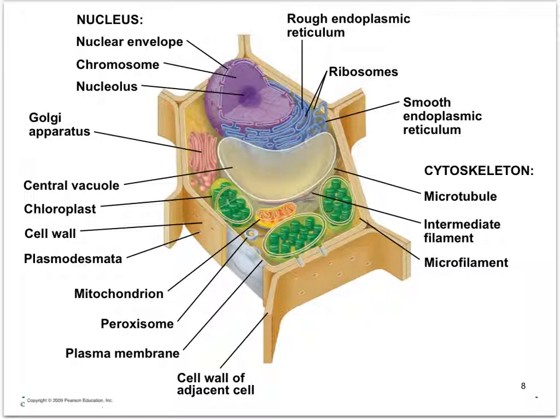So it's got different structures, but most of the structures are the same. They've got a nucleus, they have DNA, they have ribosomes. Everything else is the same. There's a few things that are different, and they will be pointed out as we go through the presentation. This is in your textbook.